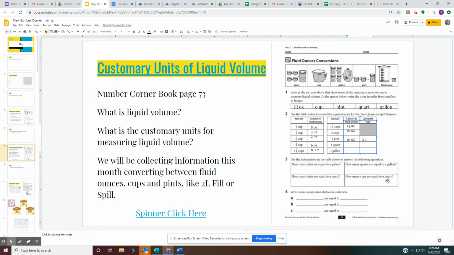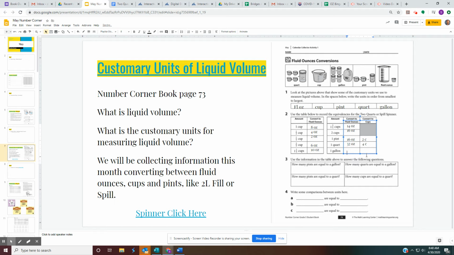4 quarts being, well, we have 2 pints, so 32 ounces. Is that what you got? And we know that that's 4 cups. And then a gallon. How many cups? Well, if 1 quart is 4 cups, and there's 4 quarts in a gallon, so that would be 16 cups, or 4 times 32, right?